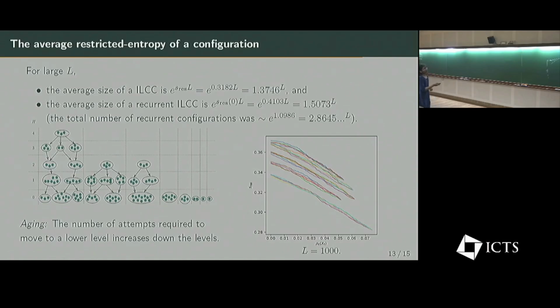The system also exhibits aging, because as the system moves down a level, the number of contractible empty sites decreases. To move down a level, a Sokoban has to push a box into a contractible empty site, so the number of attempts required to move one level further increases. This causes aging in the system.